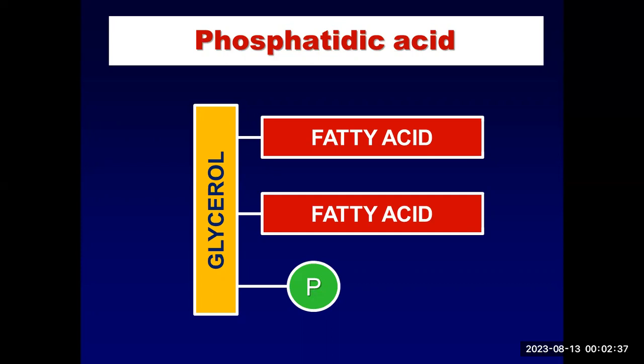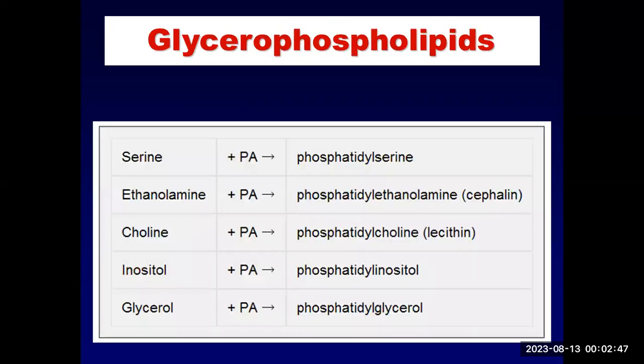That is, all glycerophospholipids contain in their structure the phosphatidic acid plus different types of nitrogenous polar compound. Now, depending upon the type of nitrogenous base attached to phosphatidic acid, we have different types of glycerophospholipids. For example, if serine is attached to phosphatidic acid, it is known as phosphatidylserine.